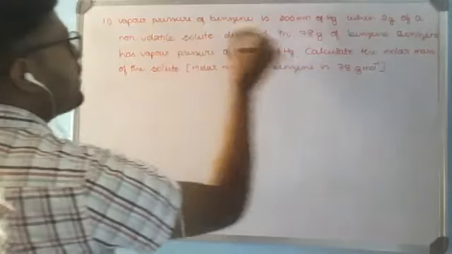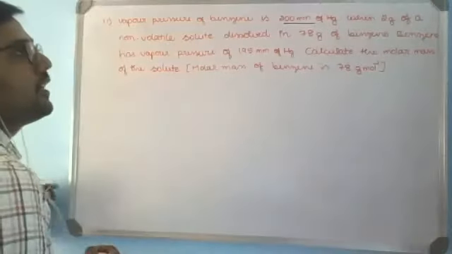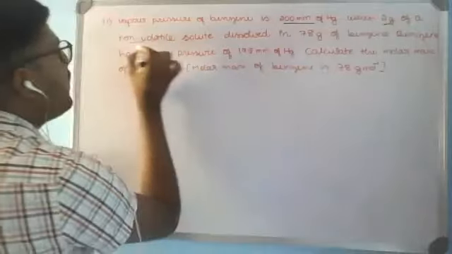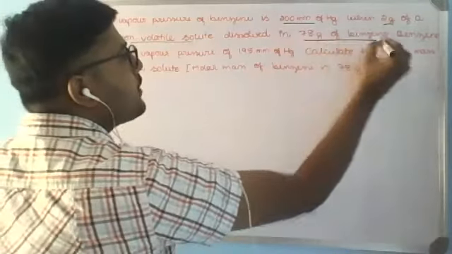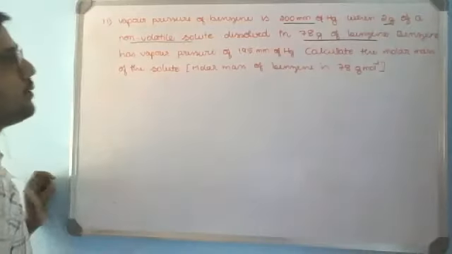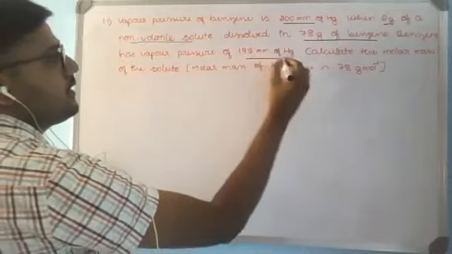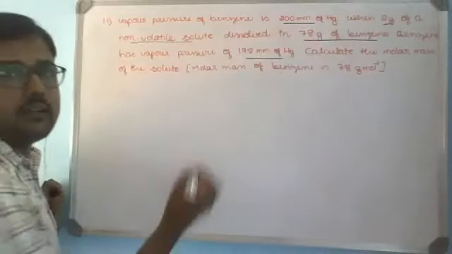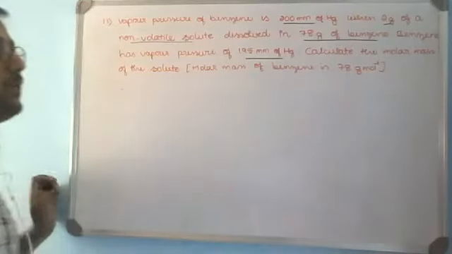Now the vapor pressure of benzene in its pure form is 200 mm of Hg. When 2 grams of a non-volatile solute is added to 78 grams of benzene, the vapor pressure of the solution is decreased, that is 195 mm of Hg.